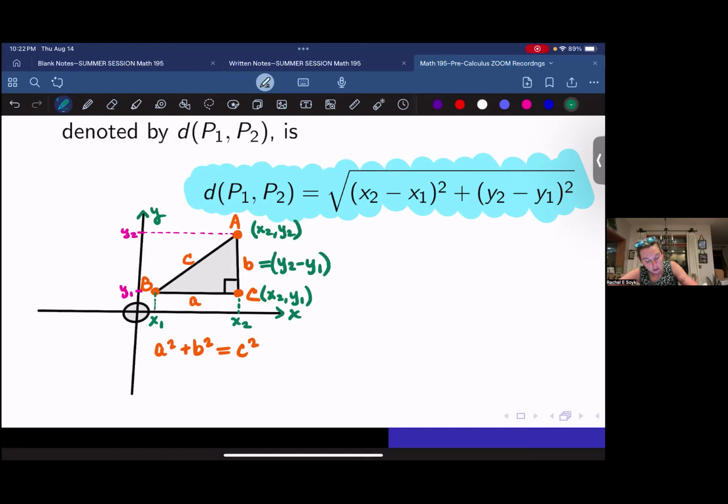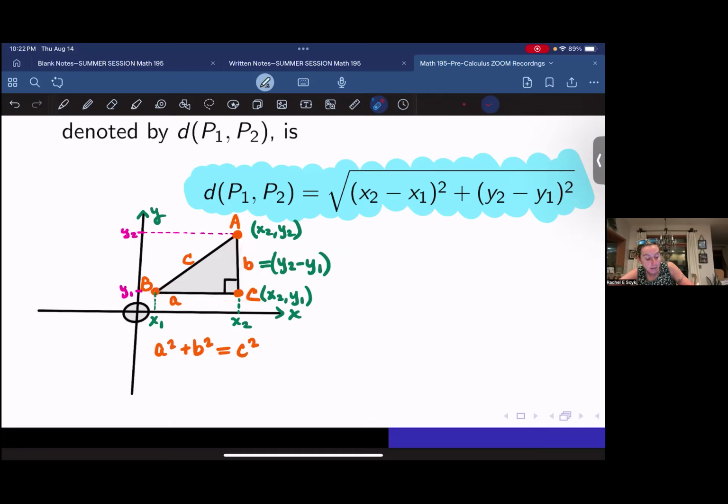Now let's look at our length A, and we're finding this length BC, but notice that it's a horizontal line because of this right angle. Vertical line intersects a horizontal line.